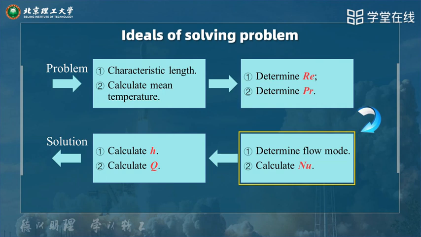When we know whether this flow is laminar or turbulent, we can calculate the Nusselt number. From this Nusselt number, we can calculate the heat transfer coefficient h. From Newton's law of cooling, we use the equation to calculate Q. That's the solution.